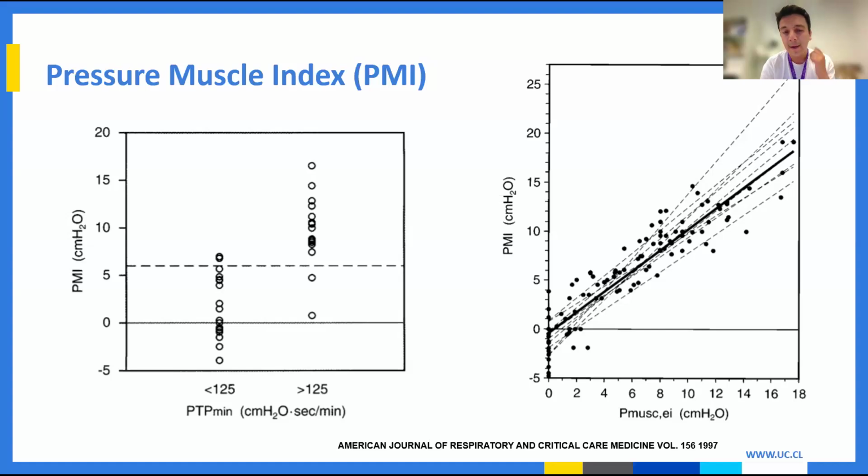In this study, they used the PTP, the pressure time product, and they say that a PMI of 6 can well differentiate those with high or low breathing effort. And on the right side, you can see how the muscular pressure is well correlated with the PMI value.